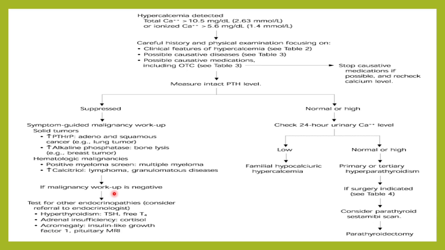The whole workup for cancers was negative. Then what are the other causes wherein calcium is high and parathormone is low? Parathormone independent hypercalcemia can also occur in hyperthyroidism, in adrenal insufficiency, in acromegaly, etc.